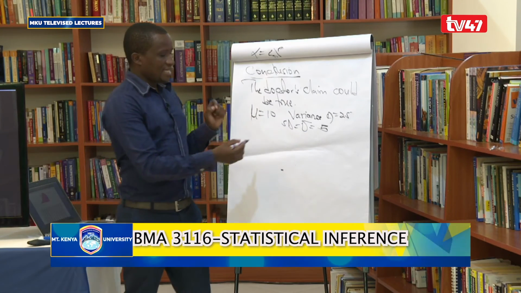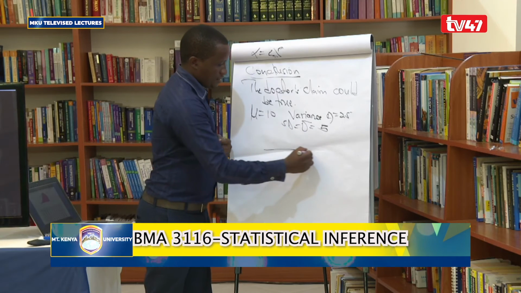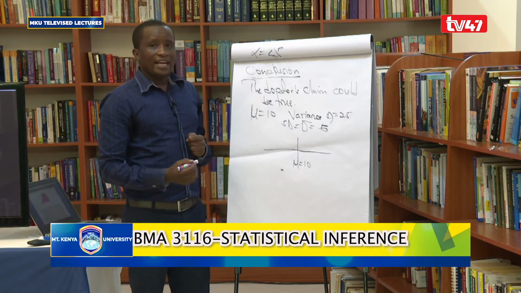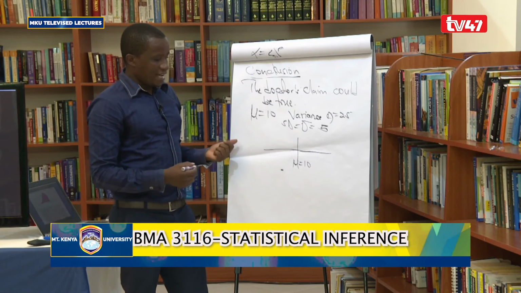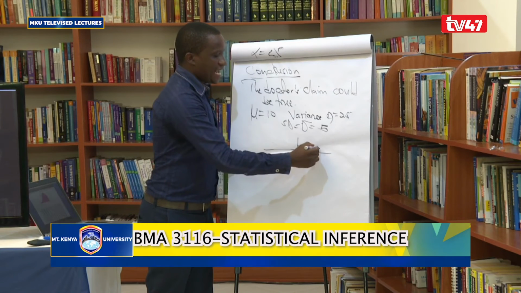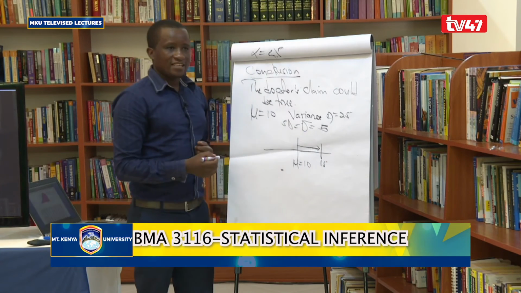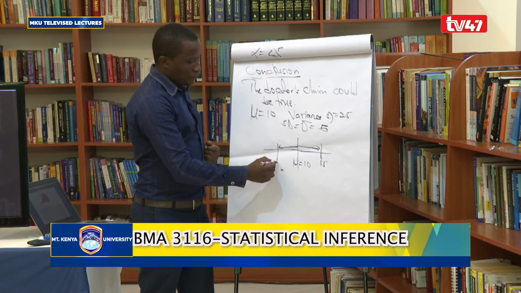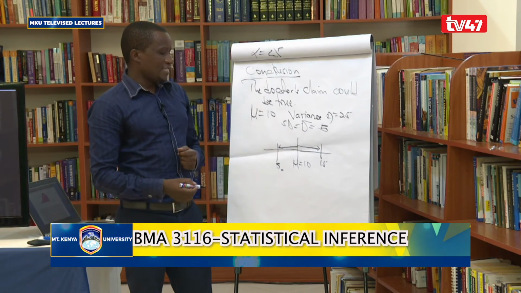This meant that if the mean mu is 10, then with a standard deviation of 5, it is acceptable to have a spread of up to 15 on the upper side and a spread of up to 5 on the lower side.